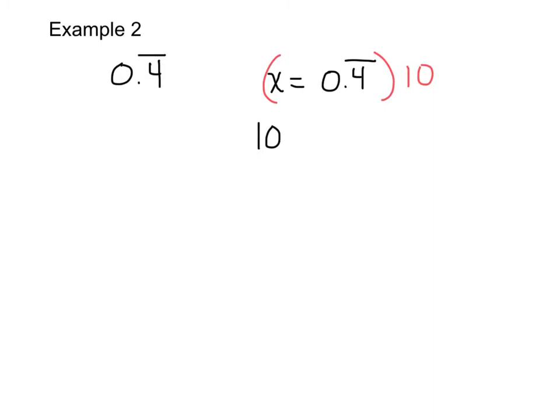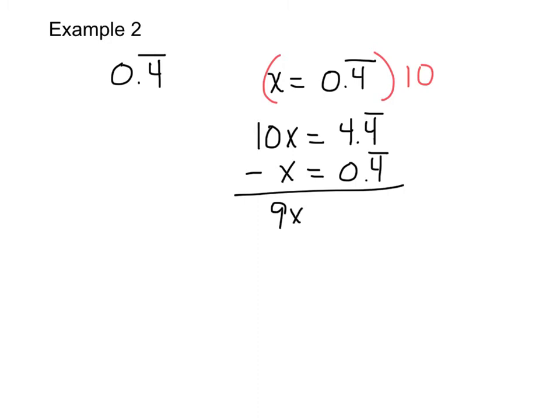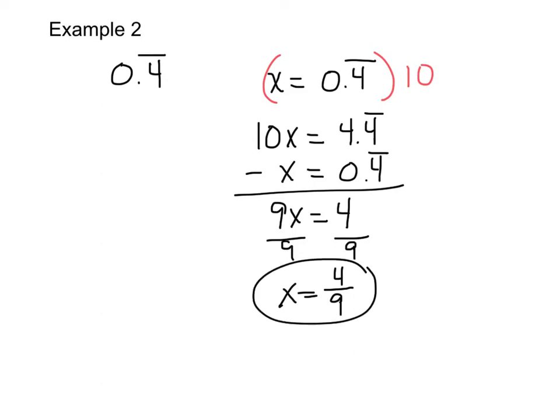That will give me 10x equals 4.4 repeating. I now subtract the original equation on both sides, and that gives me 9x equals 4. I now divide both sides by 9, and so my answer will be 4/9.